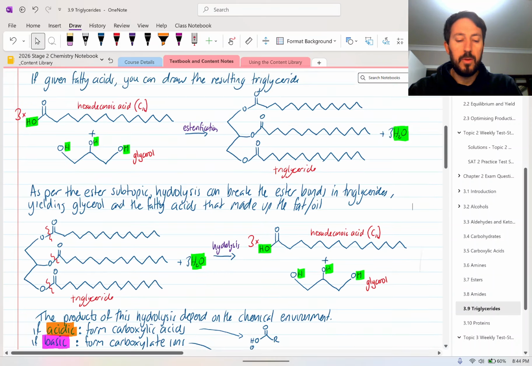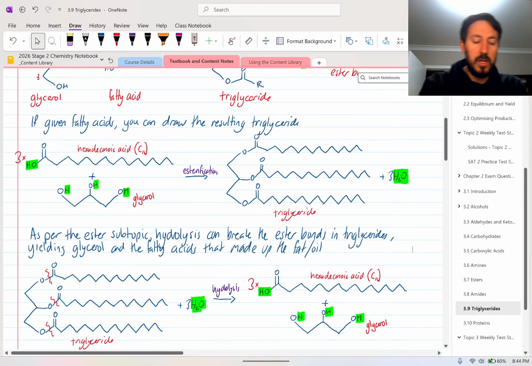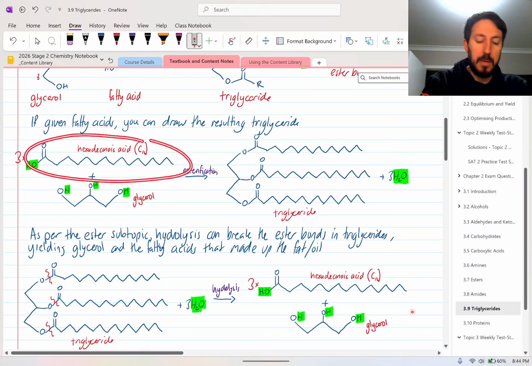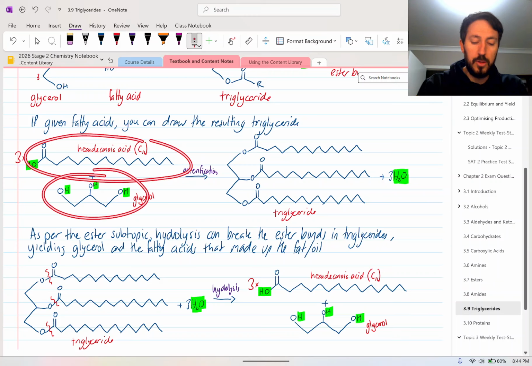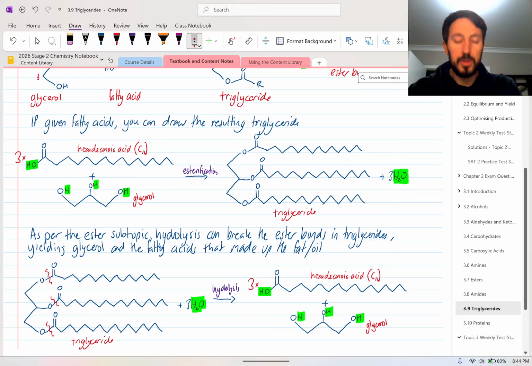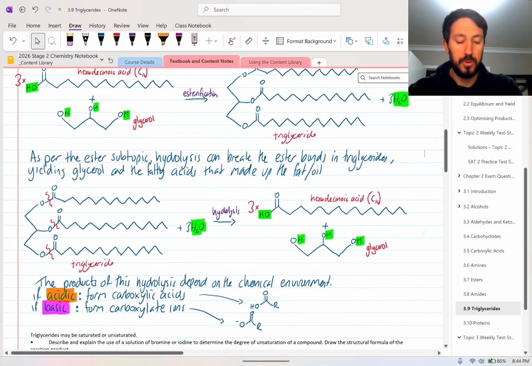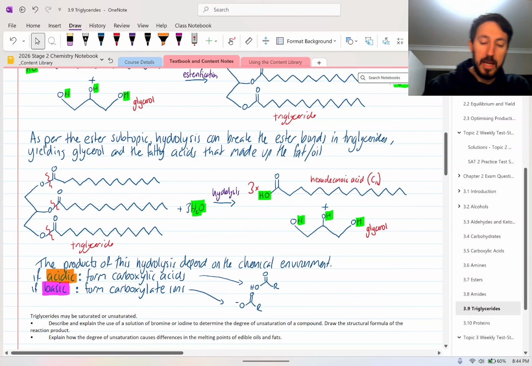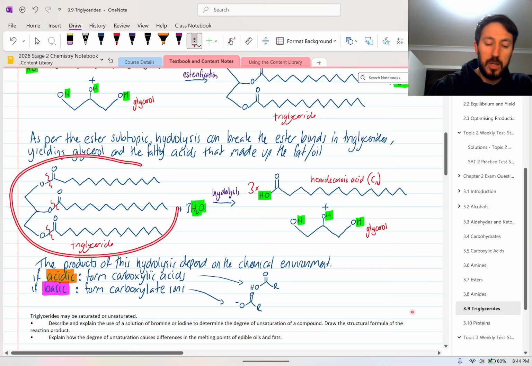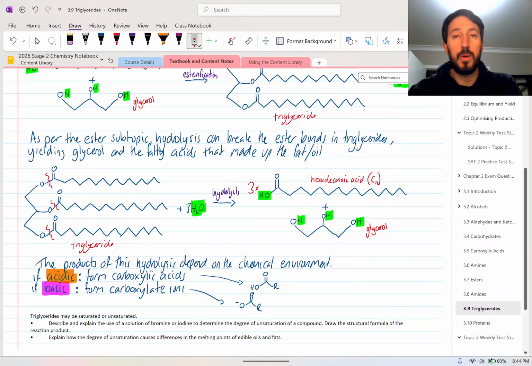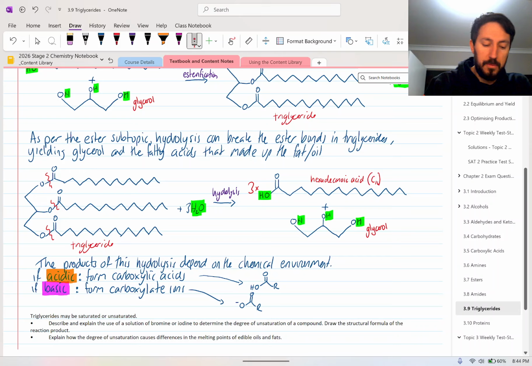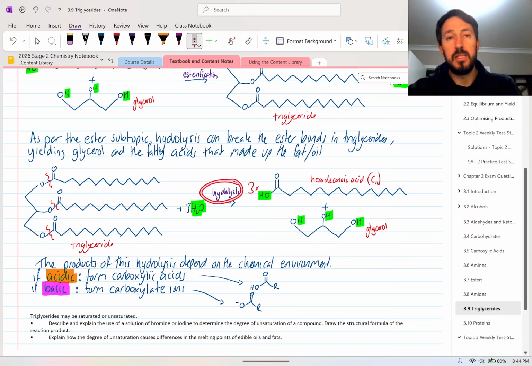So, we've shown so far the joining of carboxylic acids to alcohols to make our triglyceride, but you'll also need to be able to break apart a triglyceride if given its structure. So you need to be able to break it into the pieces that make it up. I've taken this same triglyceride with the hexadecanoic acid parts, and it undergoes hydrolysis just as happens in the ester subtopic.